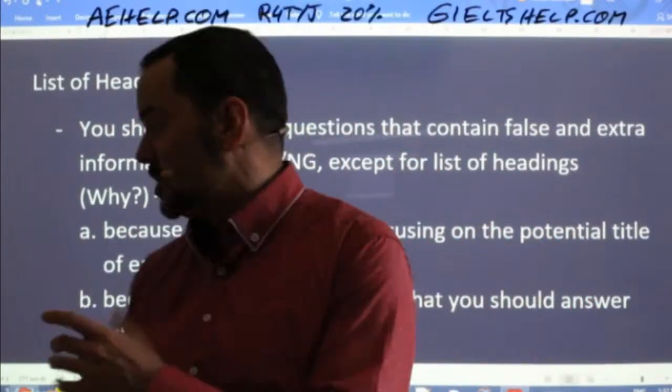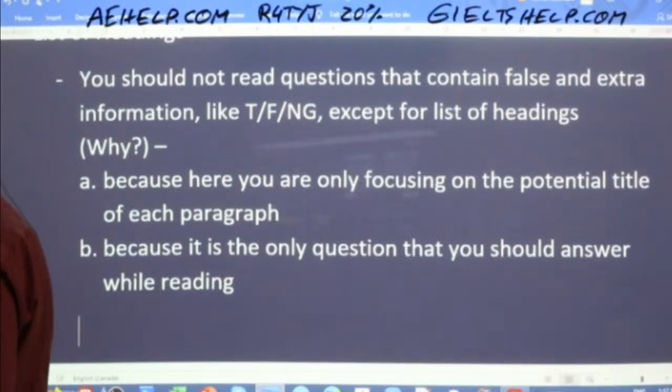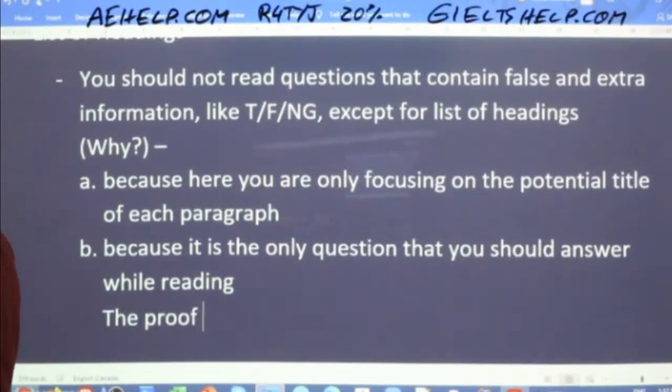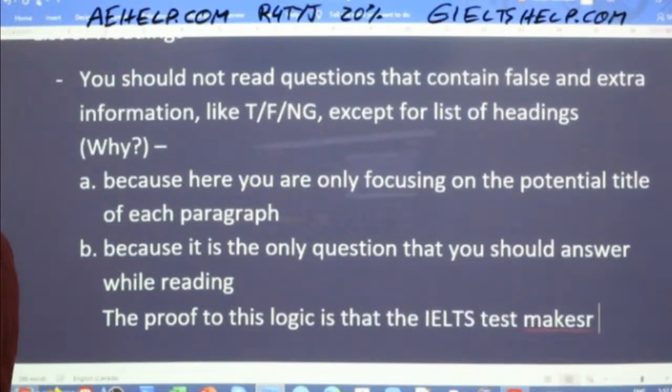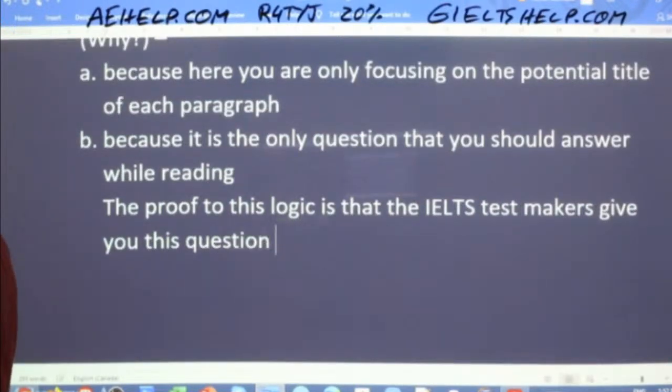Is everybody clear on why it's a good idea to read the list of headings questions before you read the passage? And hey, by the way, it's not just me telling you. It's not like, oh, Adrian's inventing his own magical strategies for IELTS. This is the way it is, and my proof, okay? The proof to this logic is that the IELTS test makers give you this question type before the passage.